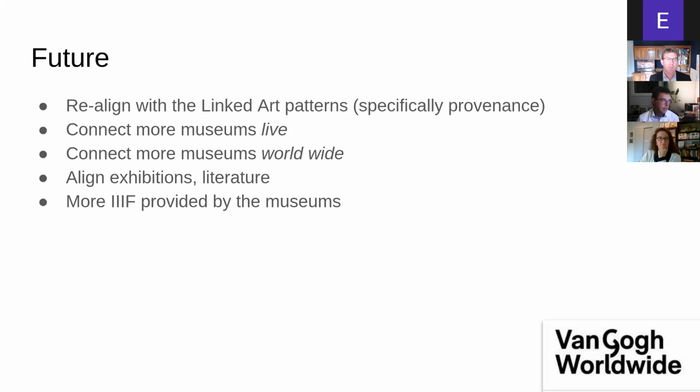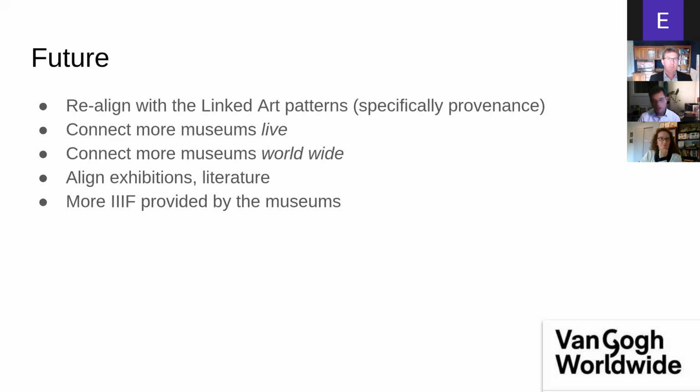We want to connect more museums live, as a lot of the museums now send us export files, and we want to hook them up live. And I guess it's called Van Gogh Worldwide, but it's only Dutch museums now. So obviously we want other museums around the world to hook up and provide their data in Linked Art and join in.